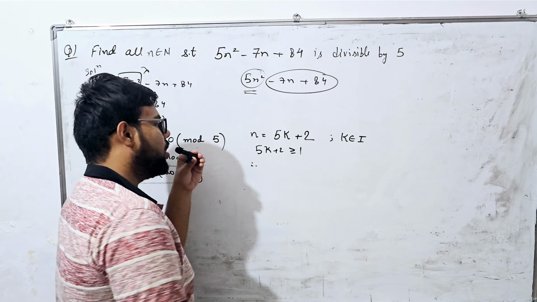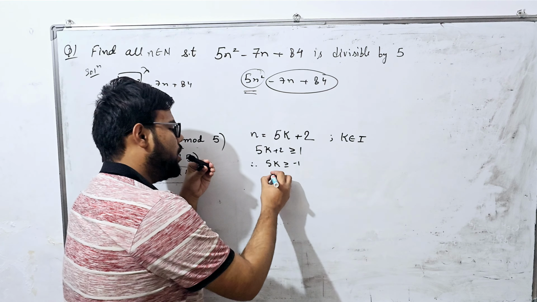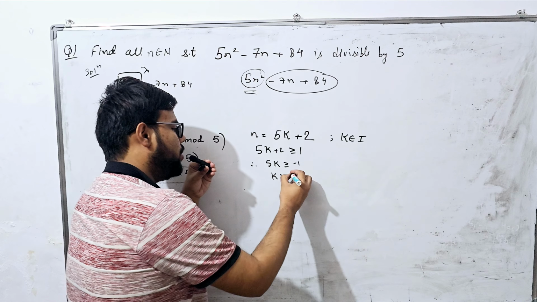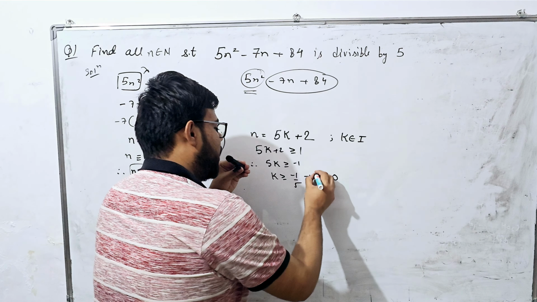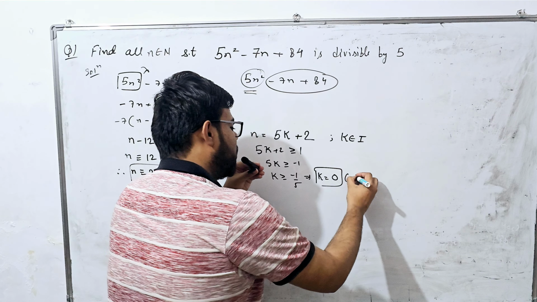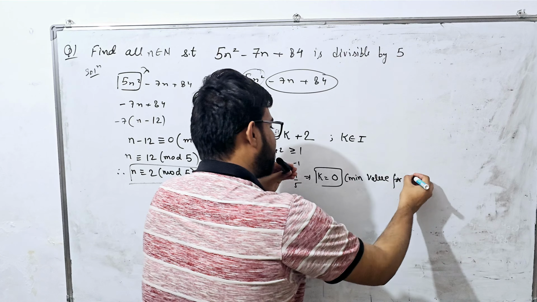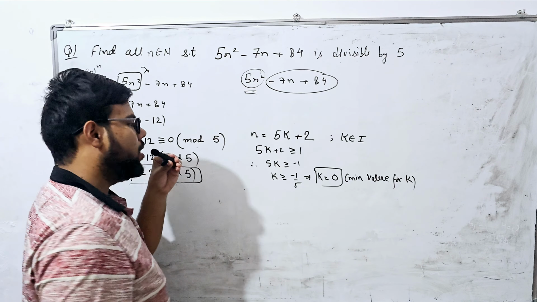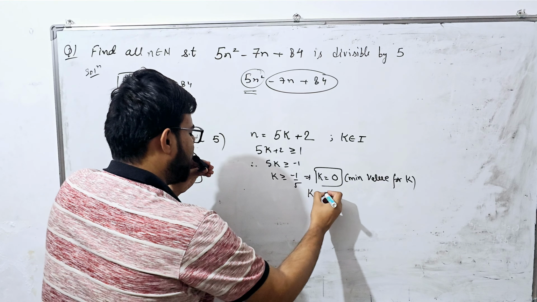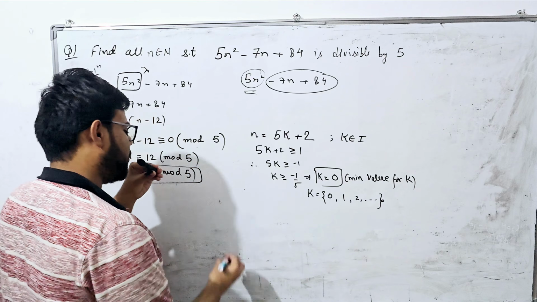So we have 5k ≥ −1, so k ≥ −1/5. So k = 0 is the minimum value for k. If you take the intersection of these two conditions, we get k equal to 0, 1, 2 till infinity.